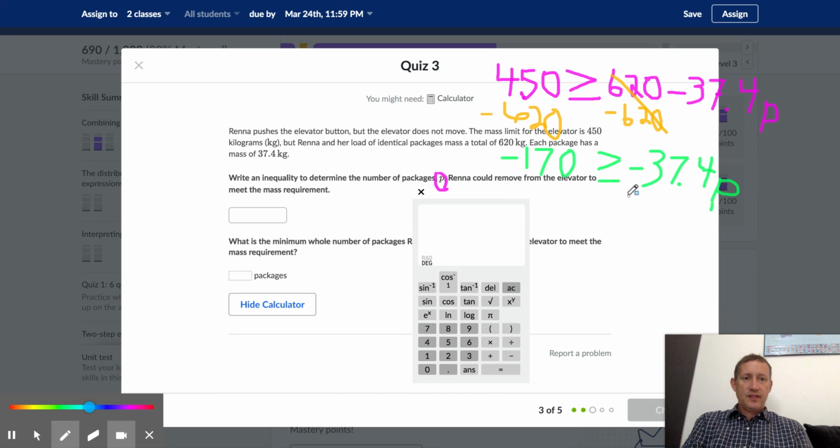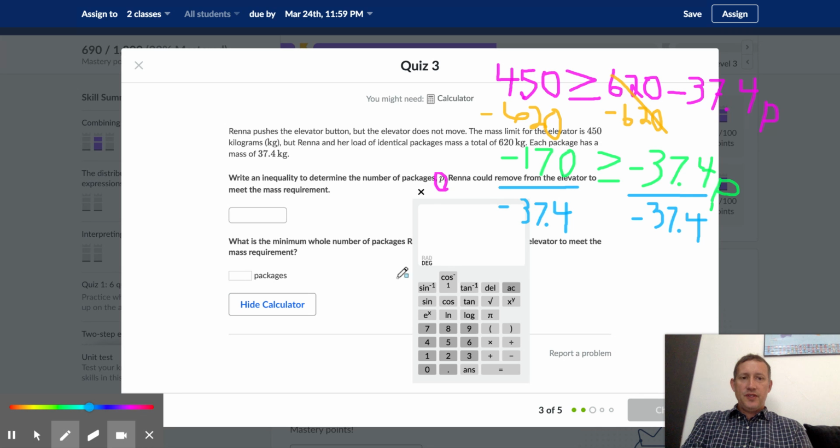Okay. So negative 37.4. Negative 37.4. Okay, negative divided by a negative is going to give us a positive.